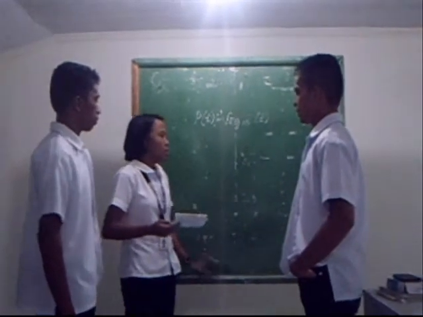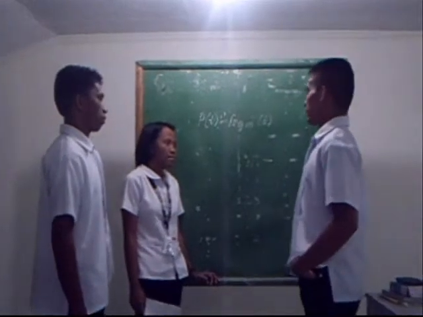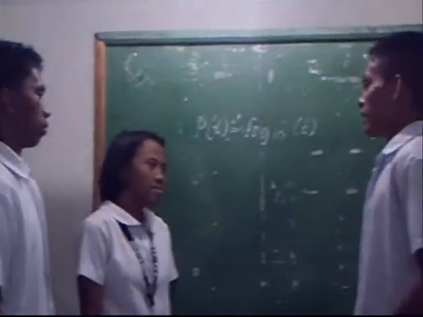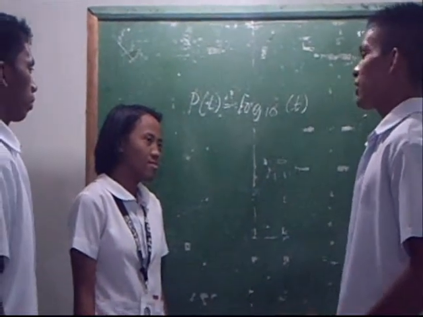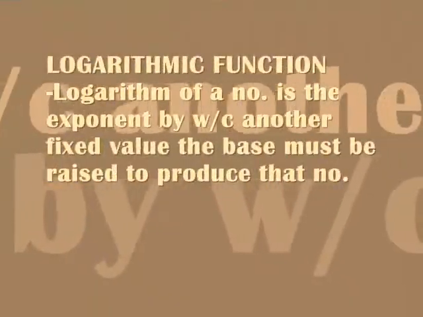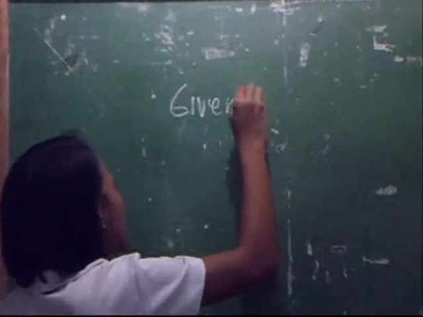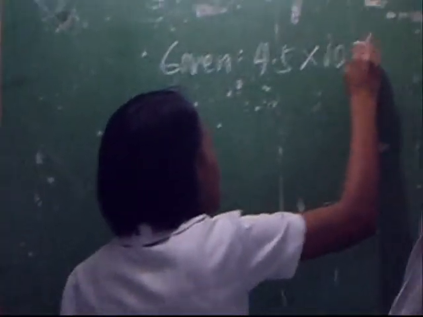So before we start, we must know what a logarithmic function is all about. A logarithm of a number is the exponent by which another fixed value, the base, must be raised to produce that number. So, 4.5 times 10 to the negative 5th power.